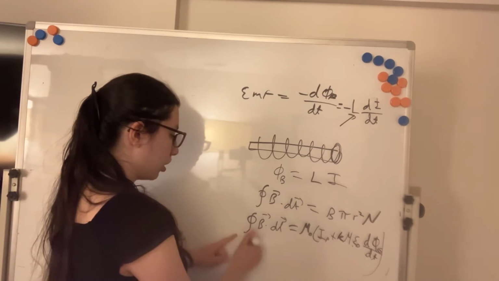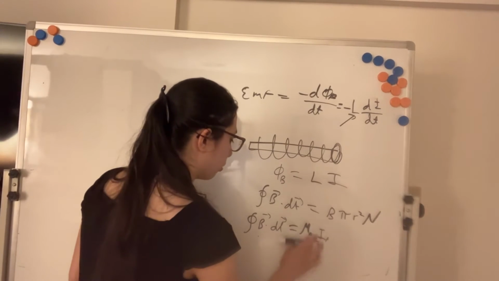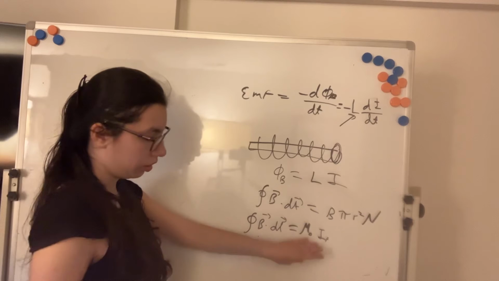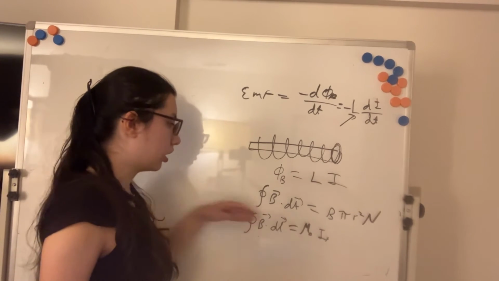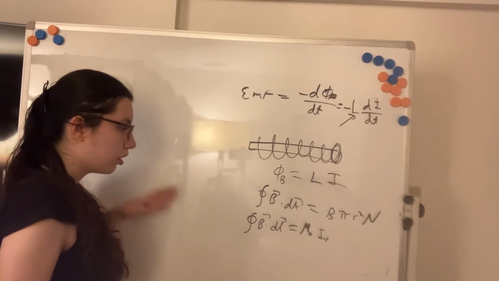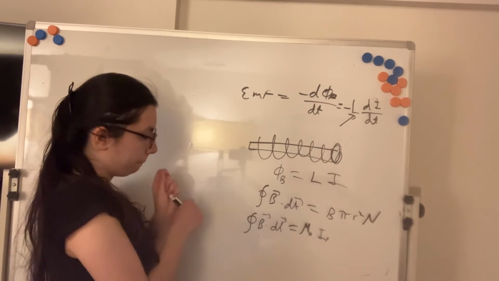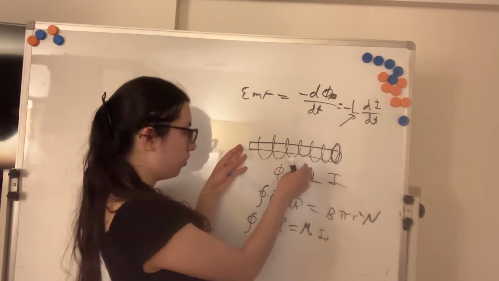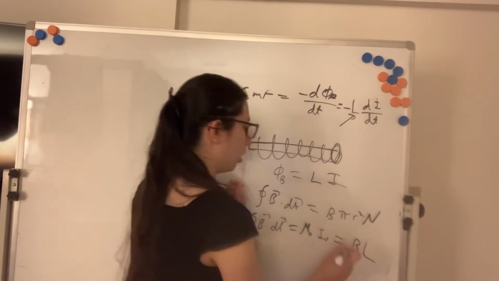So we just have that the closed loop integral of B dot dl is the magnetic permeability of vacuum times the current penetrating this surface. So we found in another video that the closed loop integral of B dot dl for a solenoid is the same as just B l.